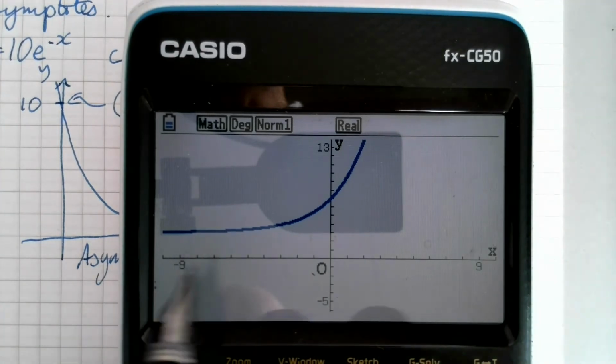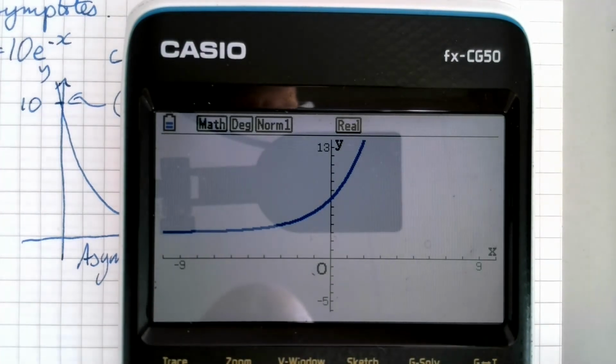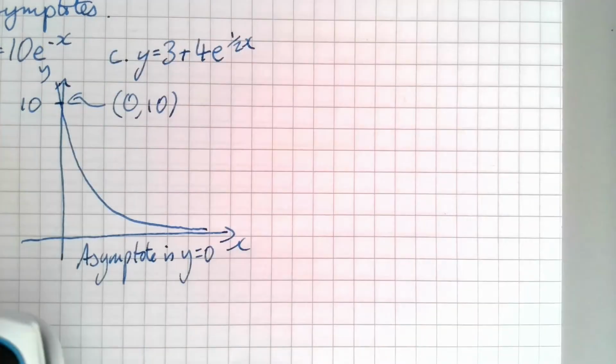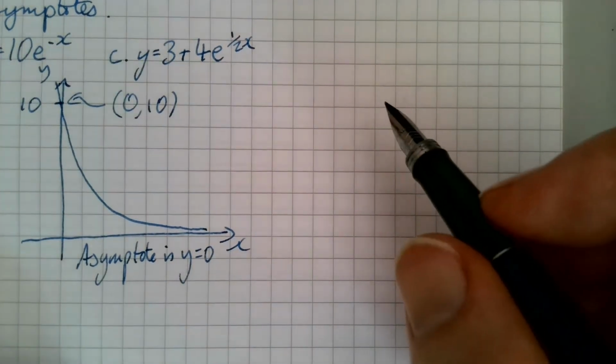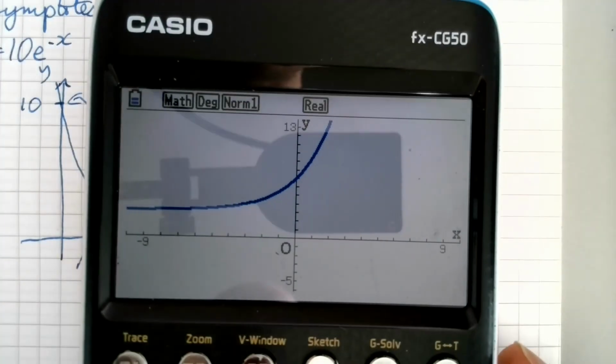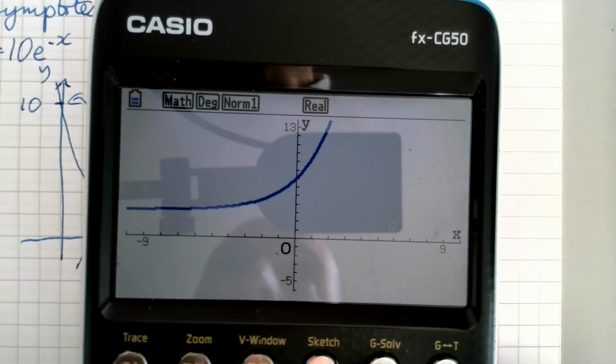Looks like we might have an asymptote a little bit higher. And what would that asymptote be? Well, let's have a little look at what we've got on here.